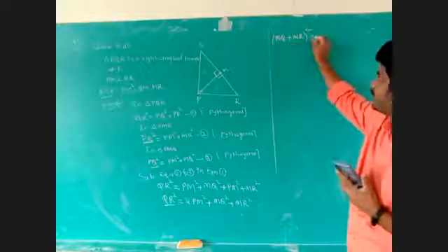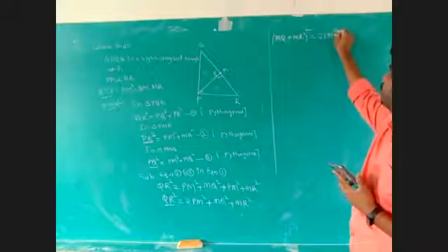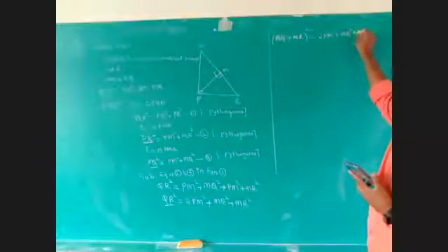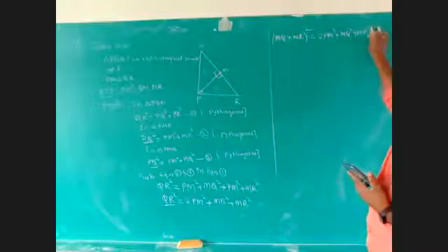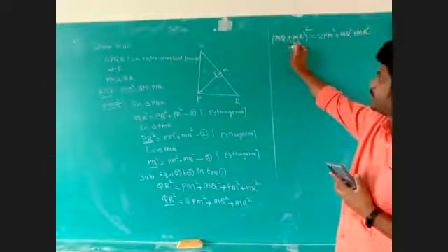Now the right-hand side, write as it is: 2PM square plus MQ square plus MR square. Now the left side is in the form of (A plus B) whole square.